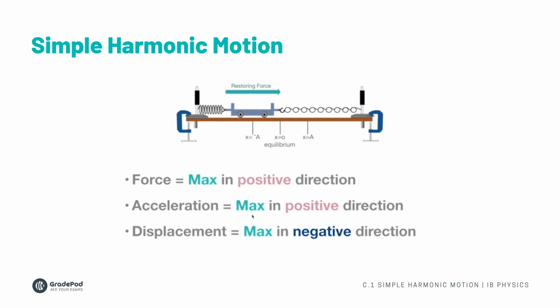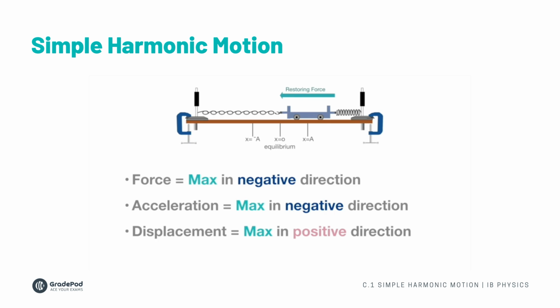If the force is maximum, it means it's a maximum acceleration towards the right, or in a positive direction. The displacement of the cart at this point is to the negative side of equilibrium, and it is the maximum displacement on the negative side.